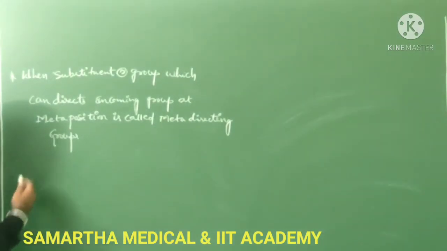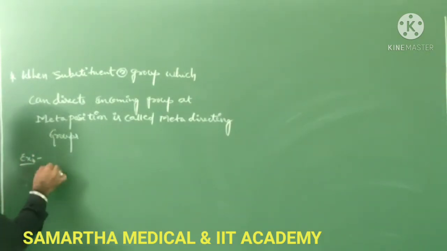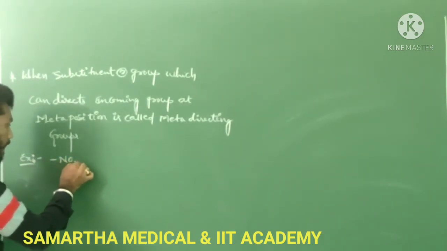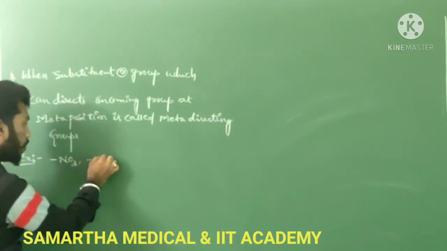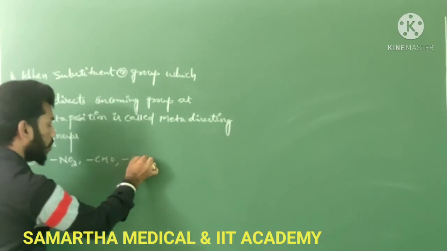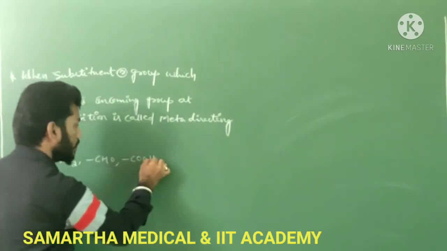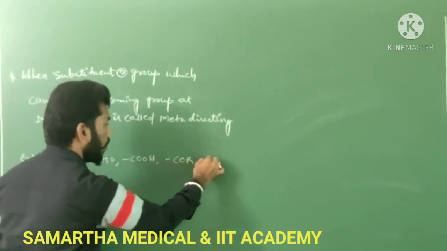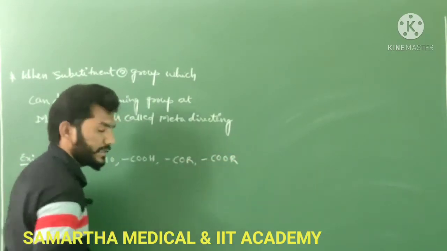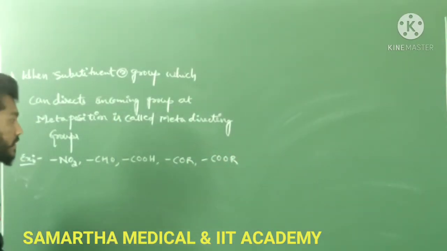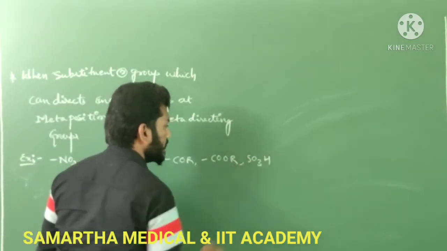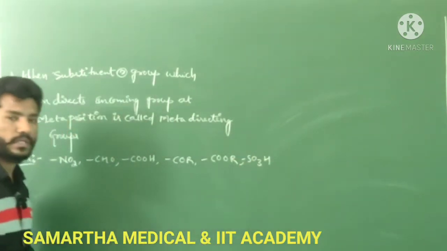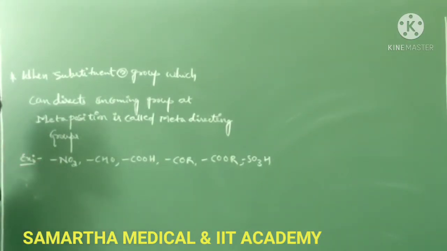Let us give an example of such groups. NO2, the nitro group, is an example of a meta directing group, and also the aldehyde group, carboxylic acid group, COR, COOR ester, and SO3H group also, guys. All these groups are examples of meta directing groups.